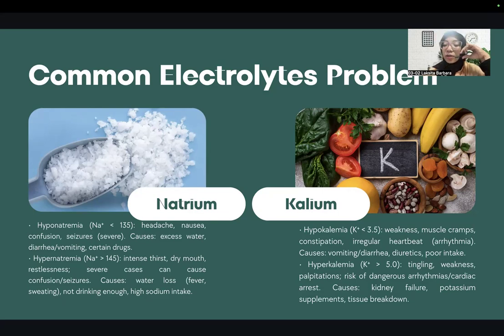Hyperkalemia can cause tingling, weakness, palpitation, and risk of dangerous arrhythmias or cardiac arrest. That's why the kalium level in people with heart disease is very important to be watched closely. The causes of hyperkalemia can be kidney failure, potassium supplements, or tissue breakdown.